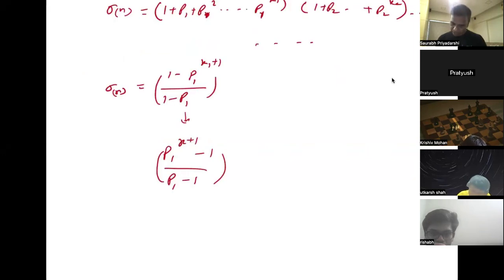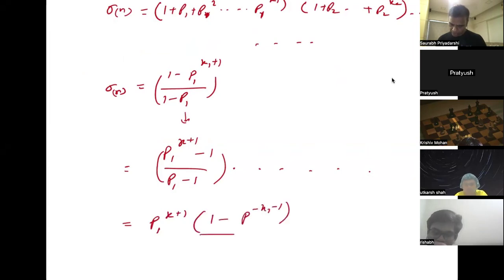Okay. If I am taking out the product of this, right, lot many terms are there. I am just taking out p1 to the power k1 plus 1, 1 minus p1 to the power minus k1 minus 1. Right. And from p1, I will take out p1 from this, 1 minus 1 by p1.